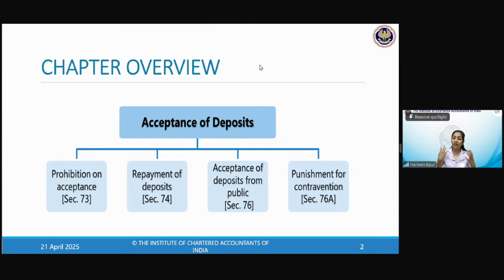Whenever the company was coming up with a prospectus, it was issuing a prospectus, shares were being taken up, money was being received, the company was giving shares. Then we learned about different kinds of borrowings that the company is doing, debentures were being issued. Now we are going to learn about deposits. What are these deposits?